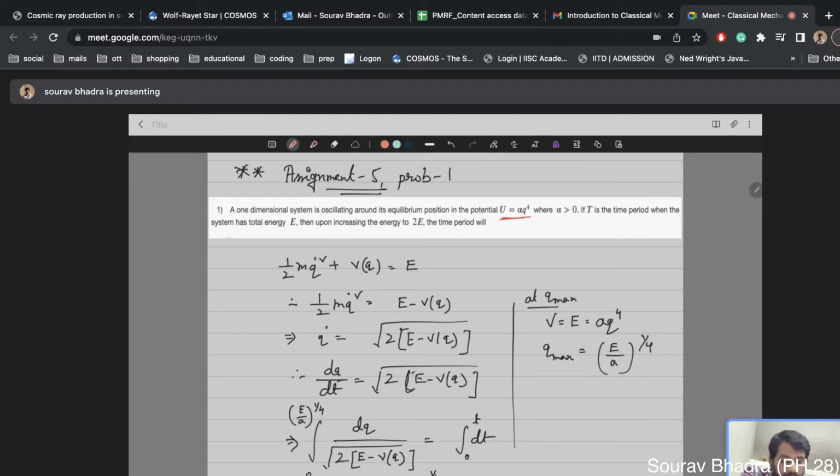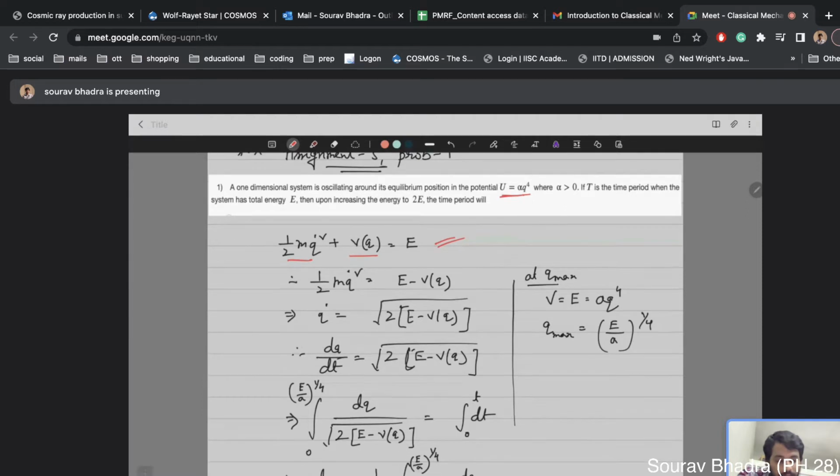The total energy equation says that your kinetic energy plus potential energy equals the total energy. This is the kinetic term, this is the potential term, and that is E. Capital E is the total energy, which is a constant. Now if you follow this procedure, you can reach this particular equation for q dot, that is dq by dt.